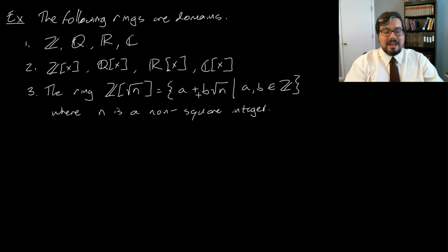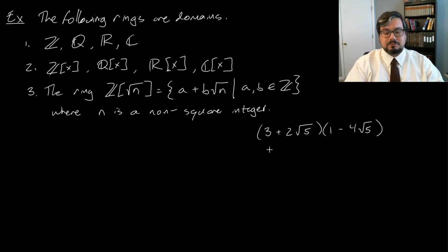The multiplication of elements in this ring works by distribution. So, for instance, let's suppose n is 5, and we take a couple of elements here. If we take 3 plus 2 square root of 5 times 1 minus 4 times the square root of 5, then we distribute things. 3 times 1 is 3. 3 times negative 4 square root of 5 is negative 12 square root of 5, plus 2 square root of 5 times 1 is 2 square root of 5.